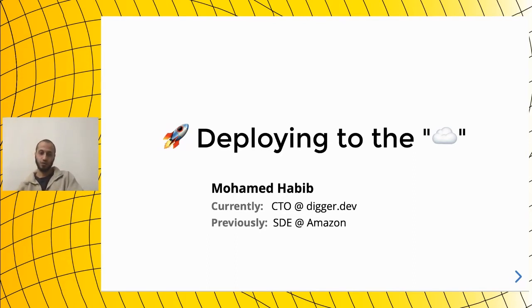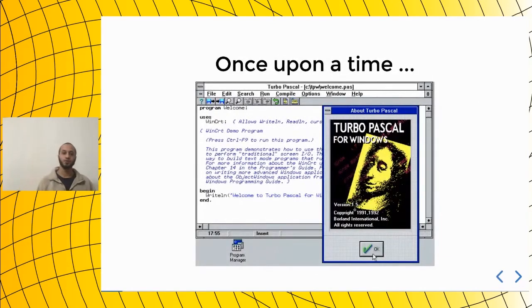So before I start, I'm going to start with a bit of history. We're going to go back to something like the 70s, where we had this thing called Turbo Pascal. Well, I wasn't born then, so I've never actually used Turbo Pascal, but those who have used it told me how exciting it was because it allowed you to build any kind of software for the enterprise.